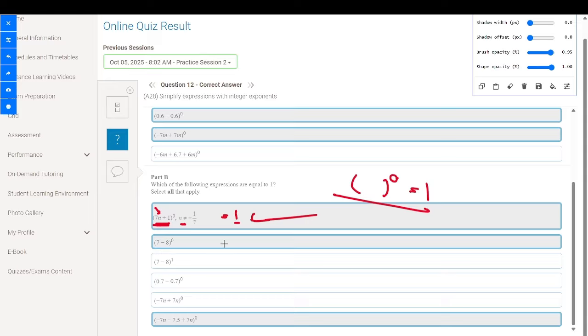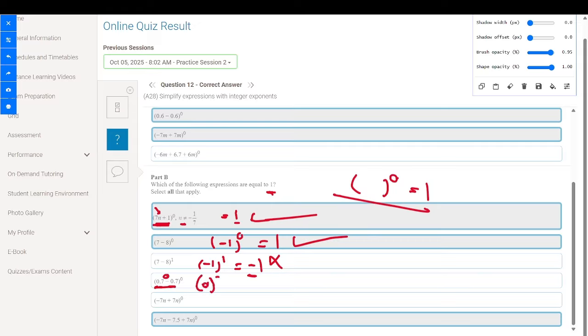Now 7 minus 8, it will be minus 1 power of 0. And anything power of 0 will be equal to 1, which is right. Here 7 minus 8 is equal to minus 1. Minus 1 power of 1 will be equal to minus 1. But here it's asking for 1, which is a wrong answer. Now 0.7 minus 0.7 is equal to 0.